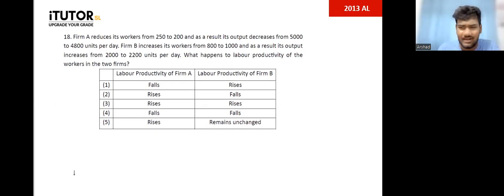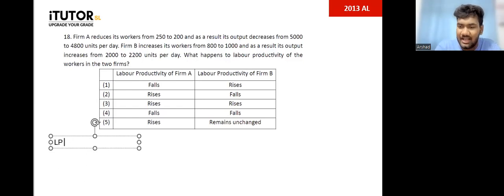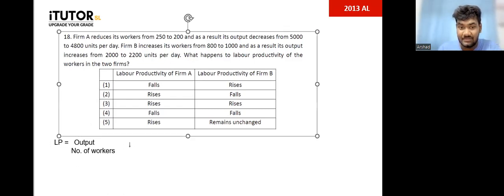Yes, how do you find labor productivity? What is labor productivity? Labor productivity is the output generated per worker. So how can you calculate labor productivity? The total output divided by the number of workers, or the number of inputs. So we'll go for firm A. Tell me the numbers, guys.